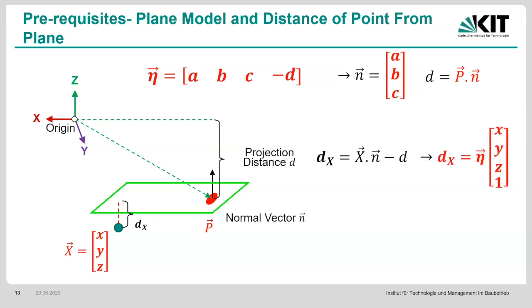Or if you want to do it in a simple form, which is what I've done in the lectures, whatever this attribute is, which is A, B, C, and D, now instead of D, I just put a 1 here, right? This just makes it a matrix multiplication between this A, B, C, and D and this.